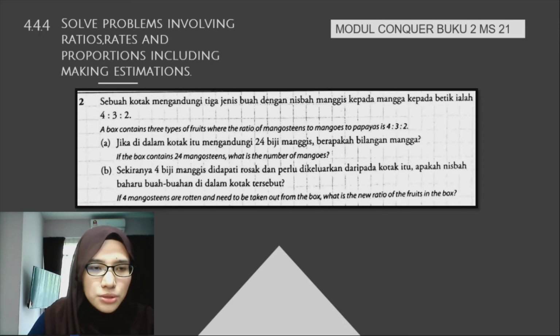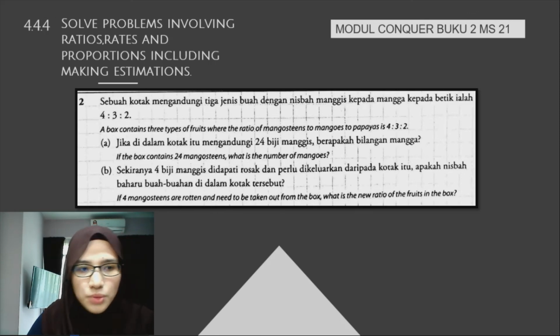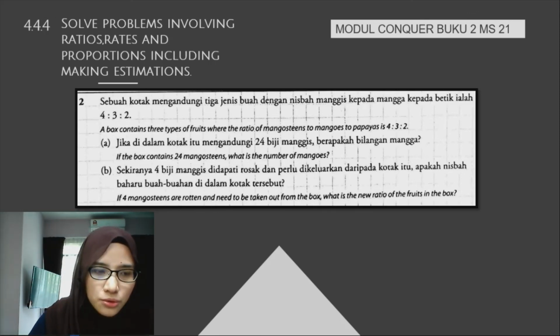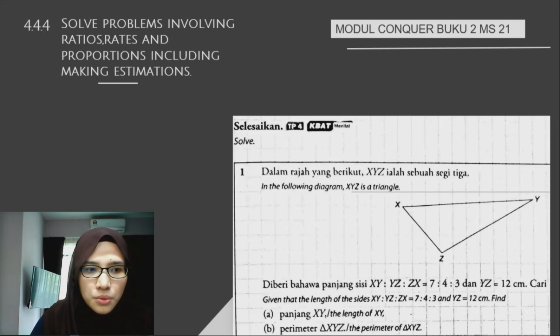First thing, you must make sure you are comparing the correct value. What ratios to what value. And if you are using proportion, what value you need to write on top, and what value you need to write below. Left hand side must equal right hand side. So practice your skills in solving ratios and proportion. So we will come back to this question, page 21, on our GM this Friday, inshallah.